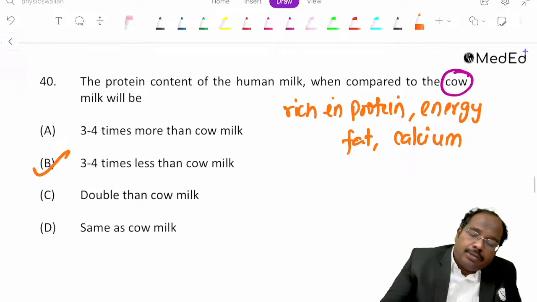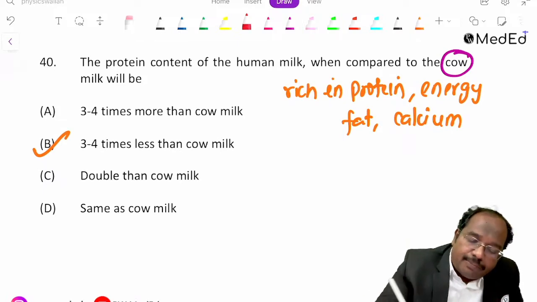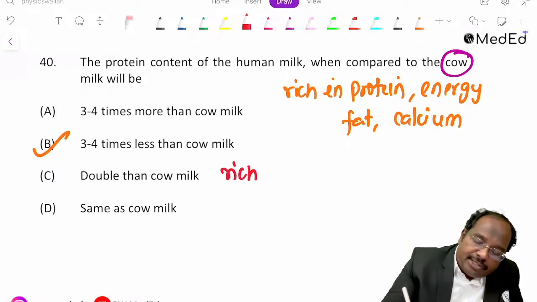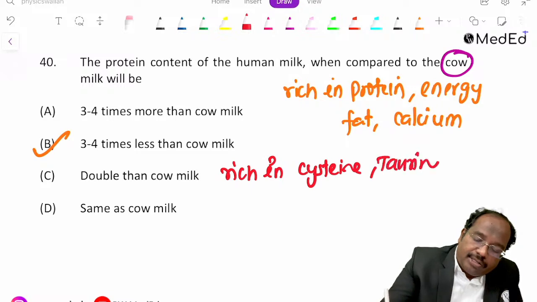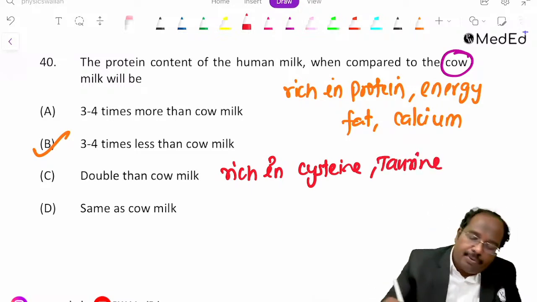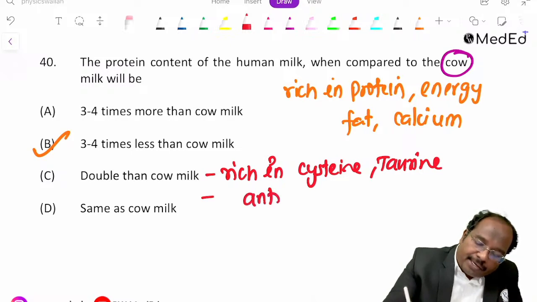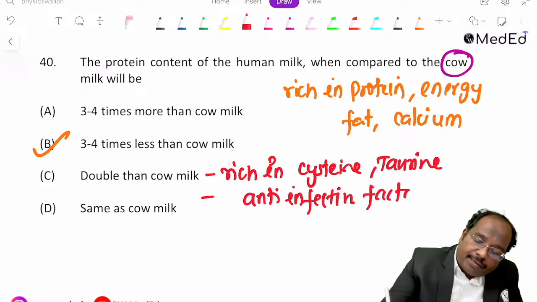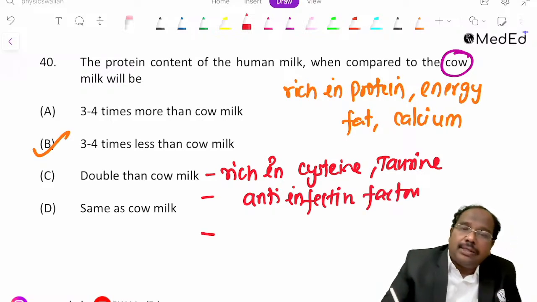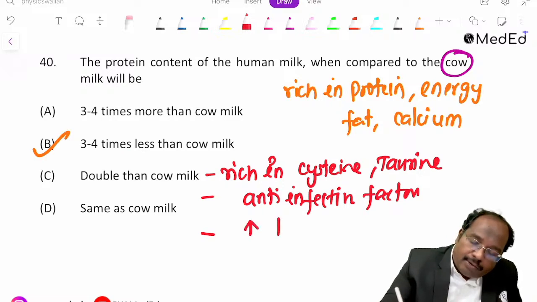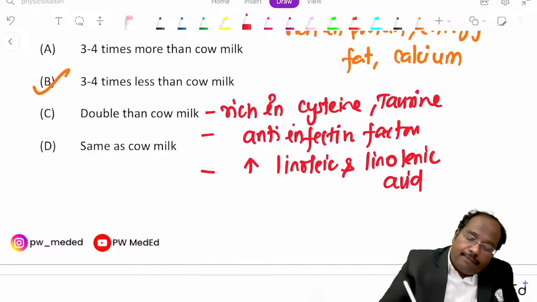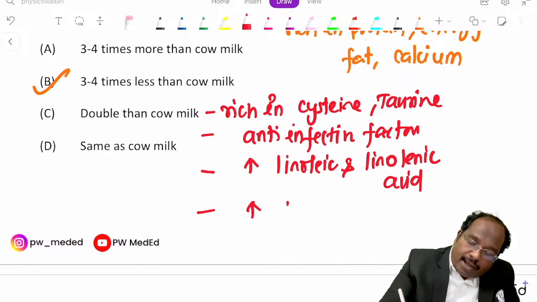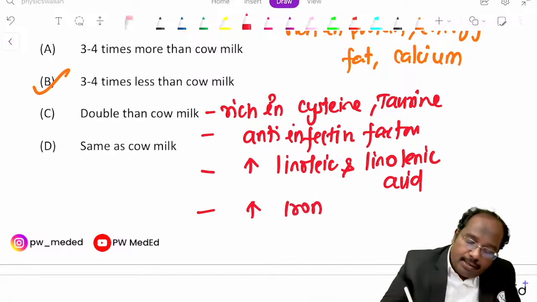So what is the advantage of breast milk? It is rich in amino acids like cysteine and taurine. Anti-infective factors are more. It has more iron with high bioavailability.